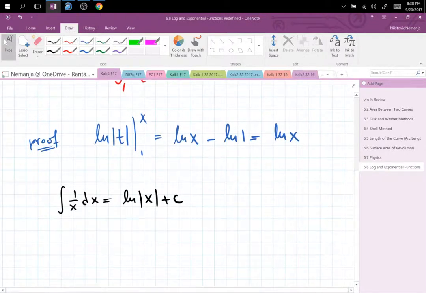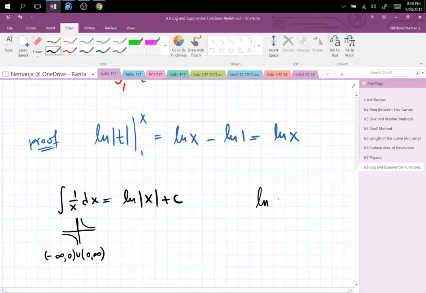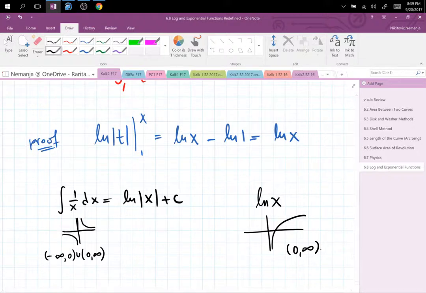Well, if you draw the input function 1 over x, you are going to see that its domain is from negative infinity to 0, union 0 to positive infinity. And if you consider the domain of just ln x, whose graph looks like this, clearly the domain is just 0 to infinity.